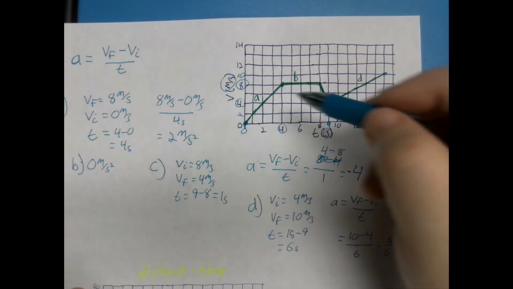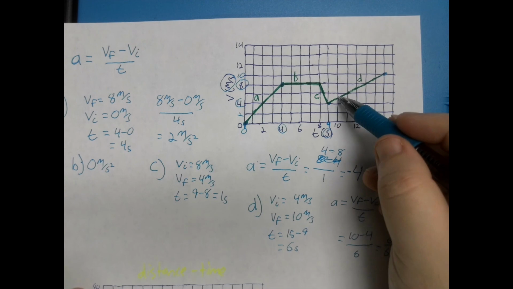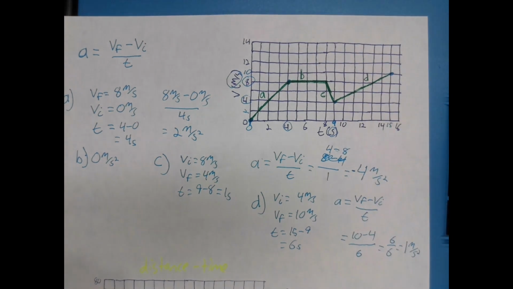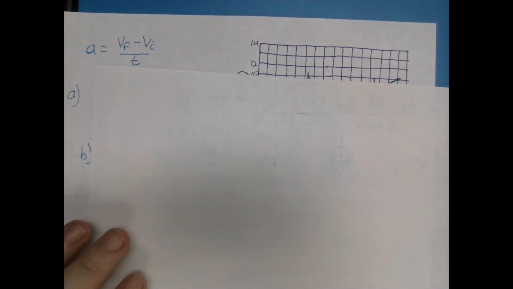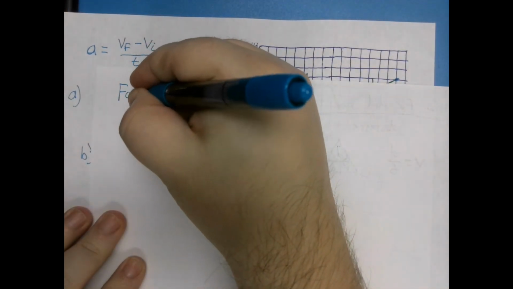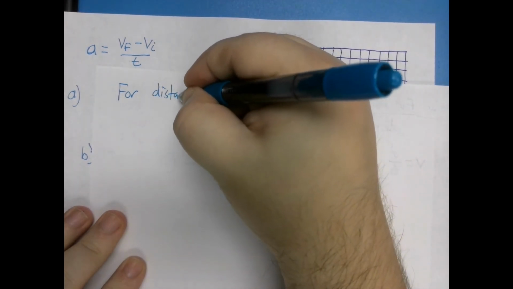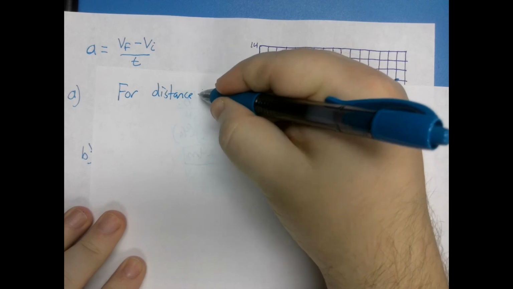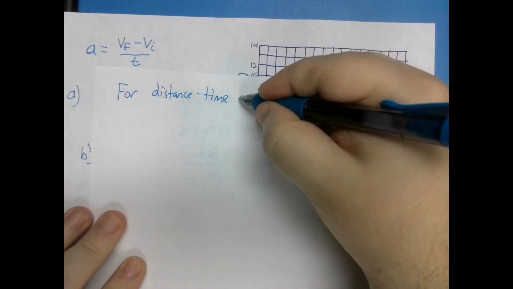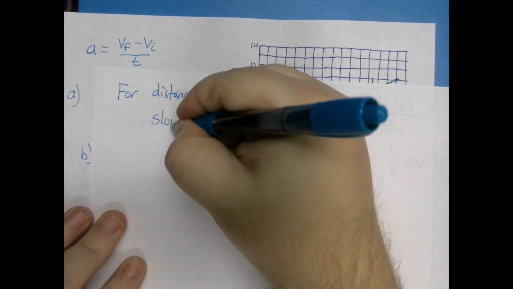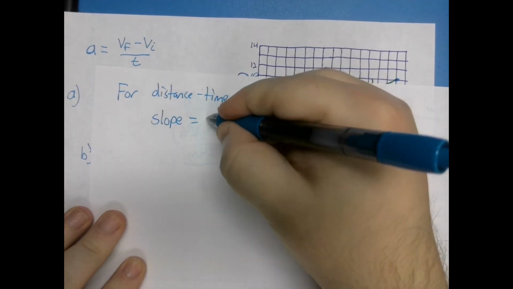For a velocity time graph, the slope is your acceleration. So write that down. For distance time graphs, slope equals speed.